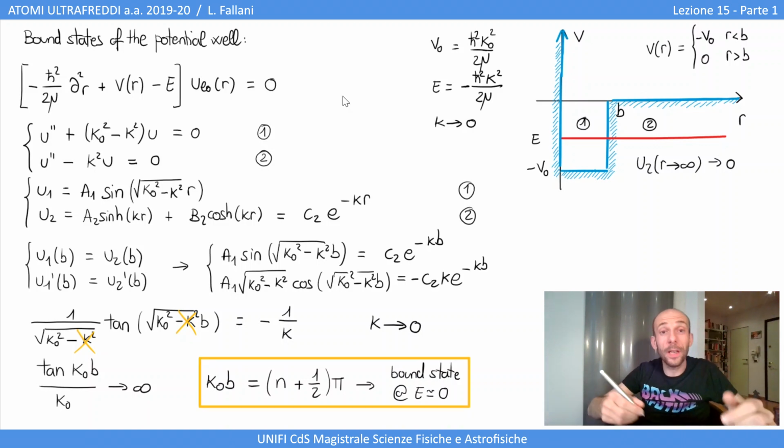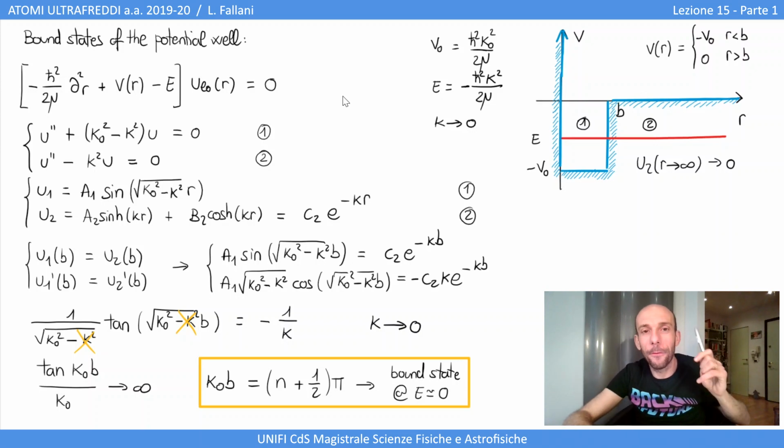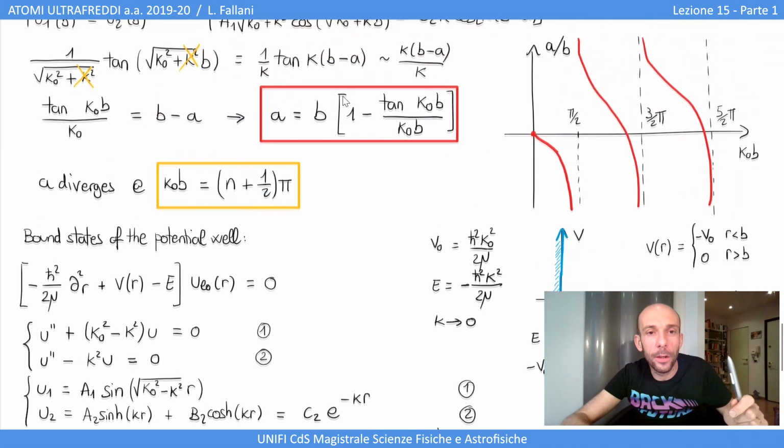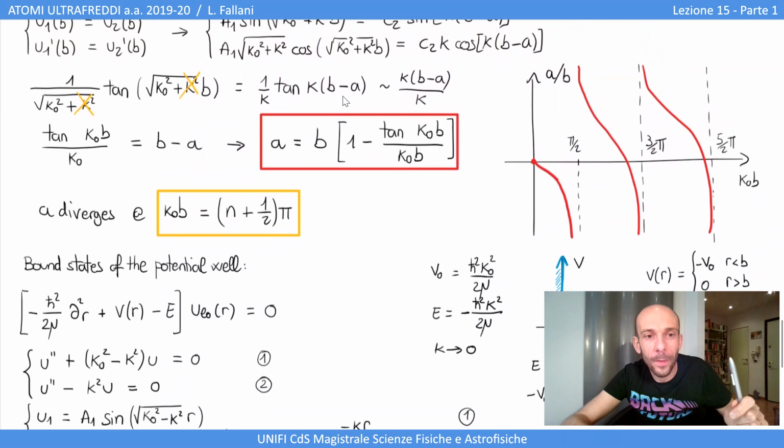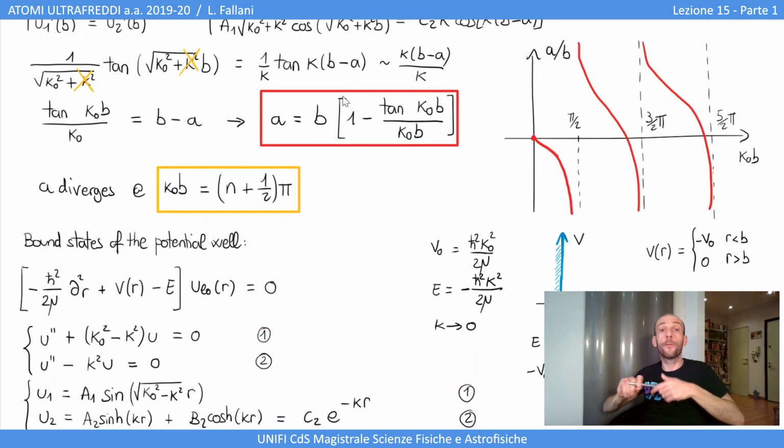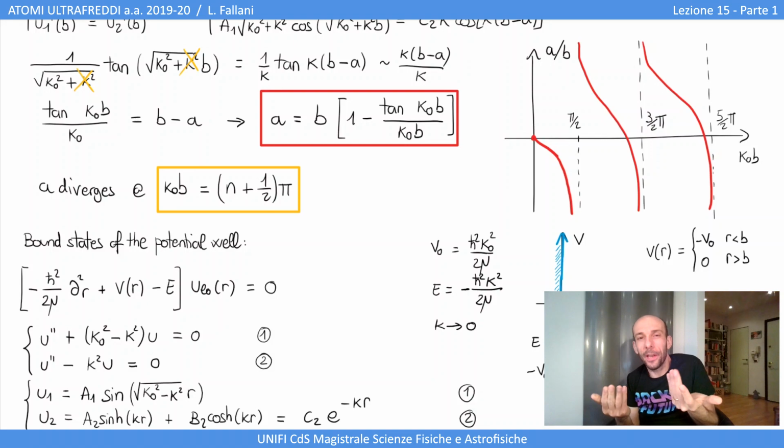And so you see that this happens exactly for the same condition that we demonstrated for the divergence of a scattering length. So the scattering length diverges every time we have a bound state that has an energy close to 0. So an energy that is close to the energy of a scattering state.